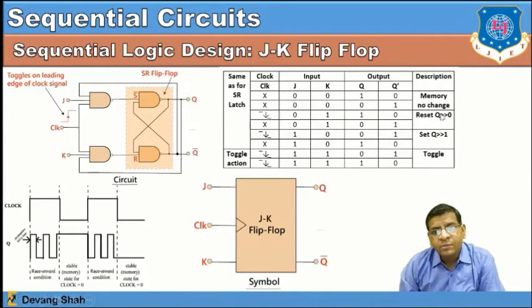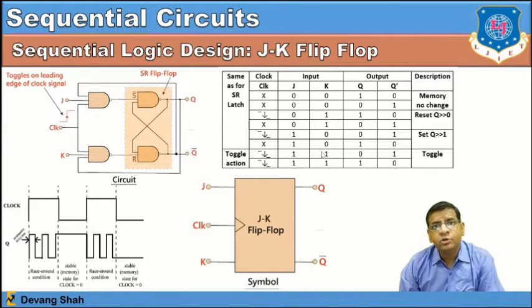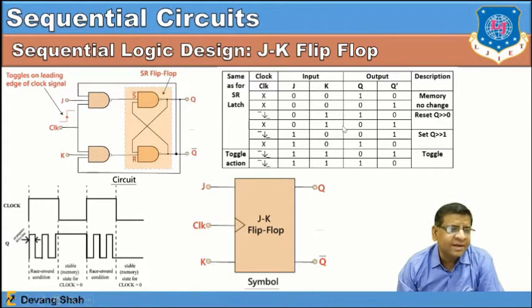There is no change, that means it's just an option for memory. If both J and K are 0 0, there is no change in output, so the output remains the same as the previous output, right? Again, when J is equal to 1 and K is 0, this is the set condition, we already know this. And if J is equal to 0 and K goes to 1, this is called the reset condition, right?